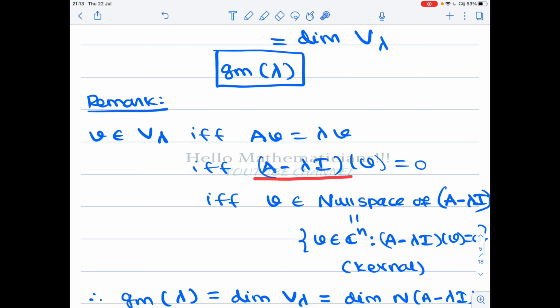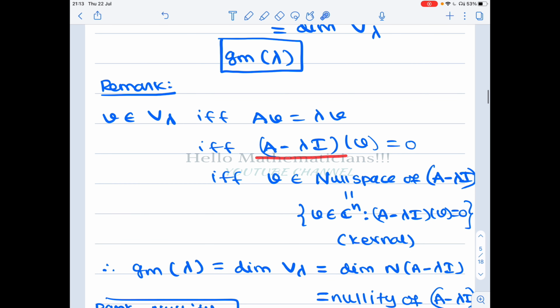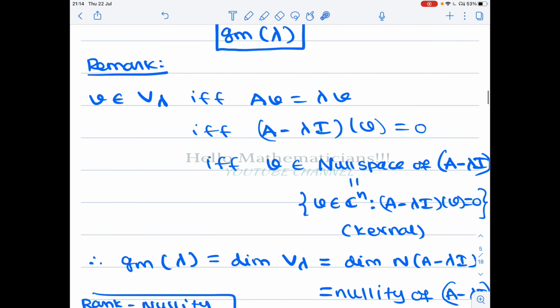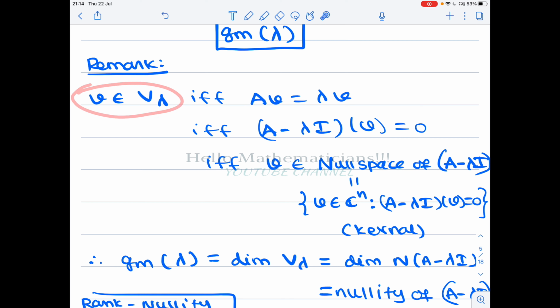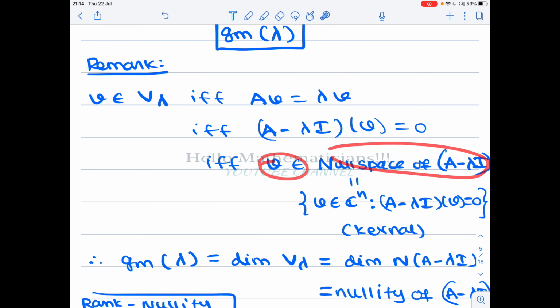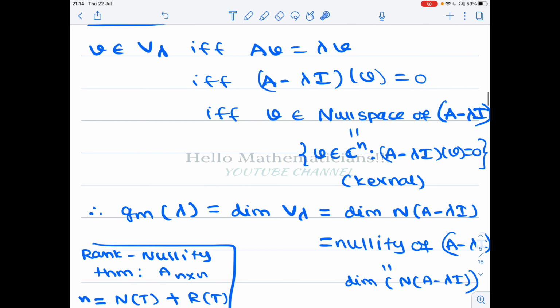This means that v belongs to the null space of A minus lambda I. Null space means kernel, the set of all vectors killed by the matrix A minus lambda I. Therefore, v belongs to the eigenspace V lambda if and only if v belongs to the kernel of A minus lambda I. That is our first observation.